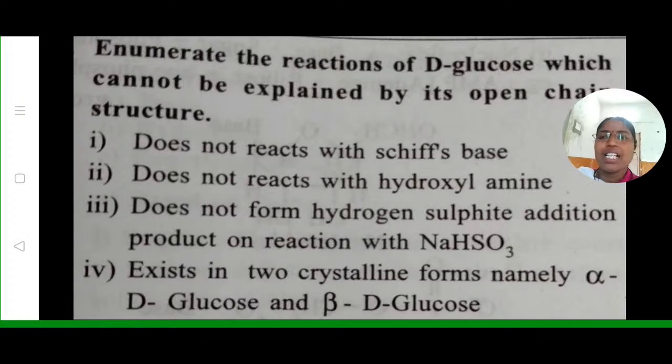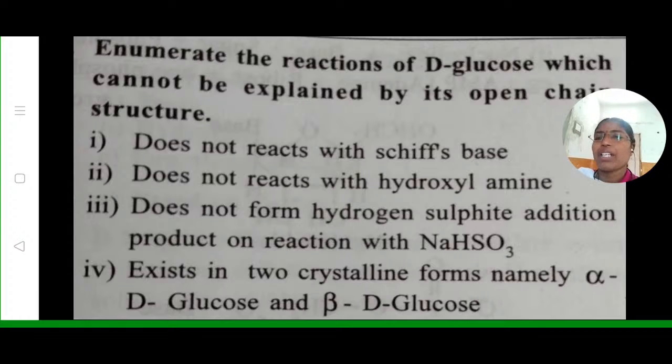The second one is that glucose does not react with hydroxylamine. Third, glucose does not form a hydrogen sulfide addition product on reaction with hydrogen sulfide.